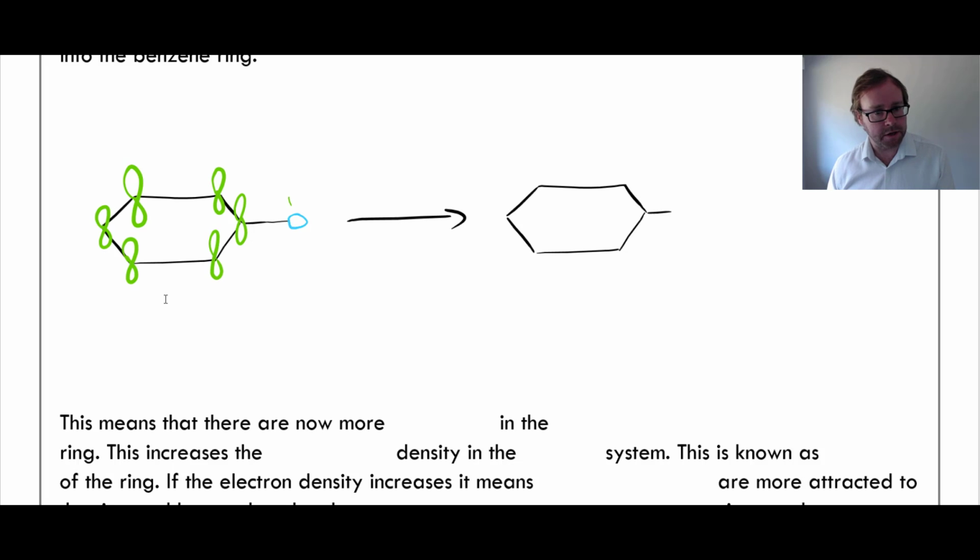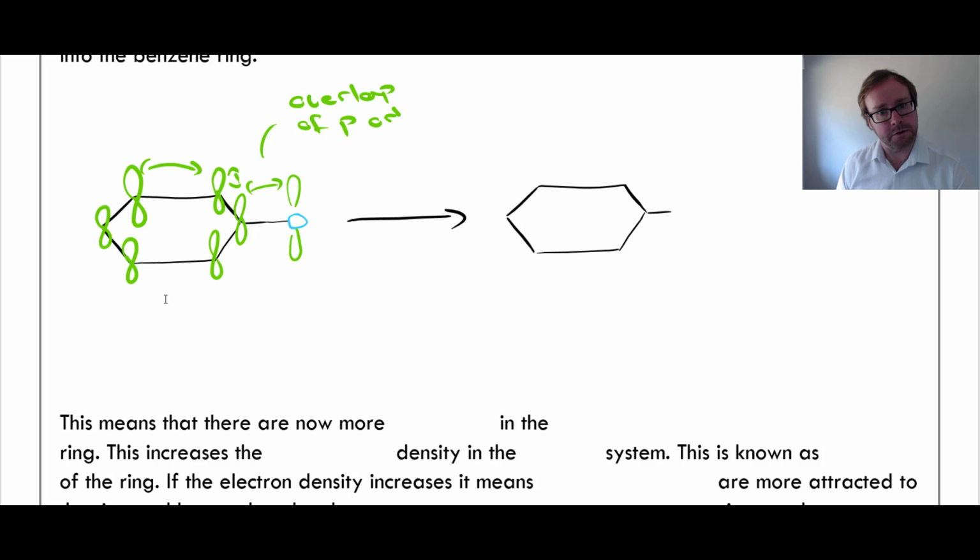Okay, and we also have p orbitals on our oxygen. So what happens is that all of these p orbitals overlap. So we have overlap of p orbitals, which means we extend this pi delocalized system by including one lone pair on the oxygen.